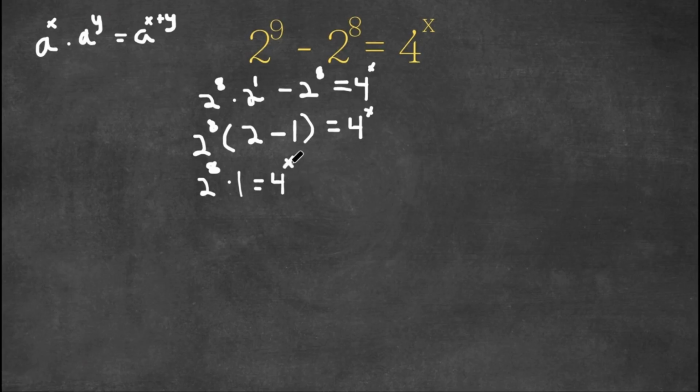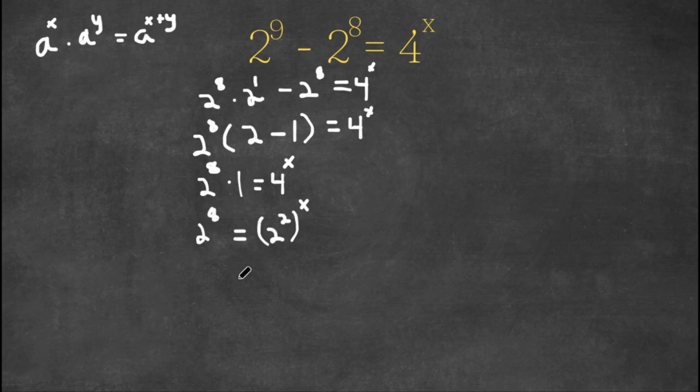Now, 4 to the power of x, this can actually be rewritten as 2 squared to the power of x. All we did was we replaced 4 with 2 squared. And this is equal to 2 to the power of 8 times 1, which is simply just 2 to the power of 8.